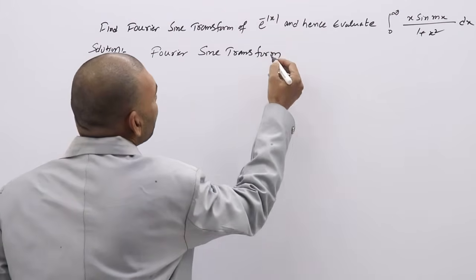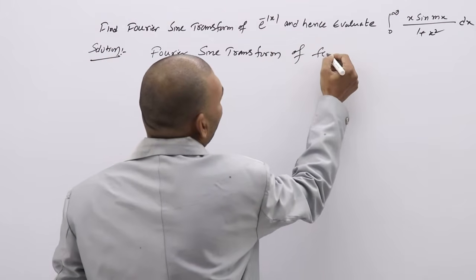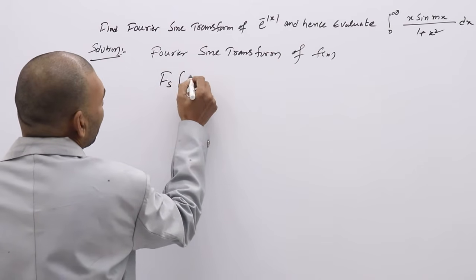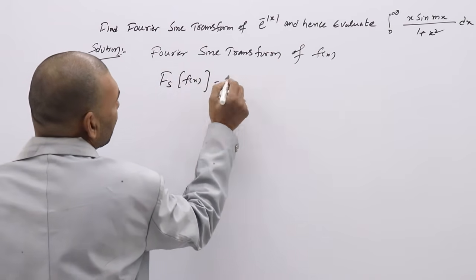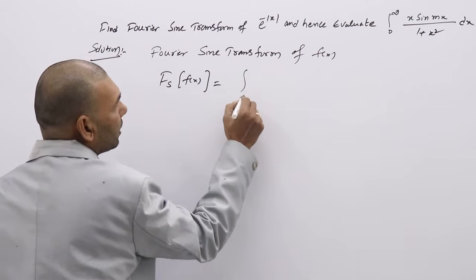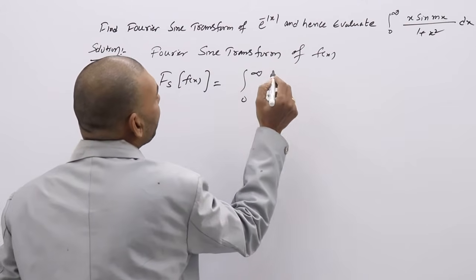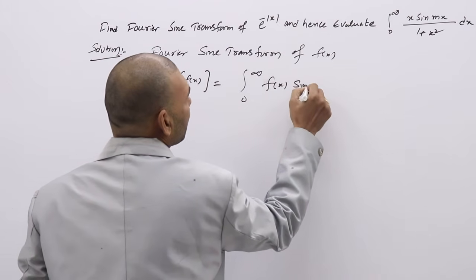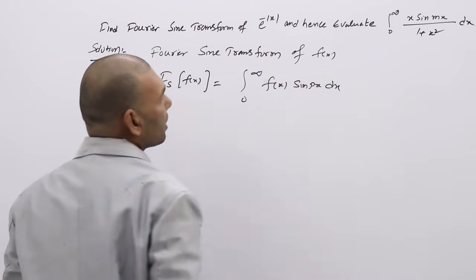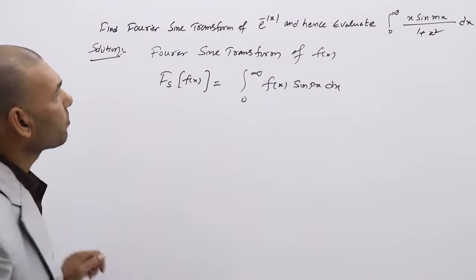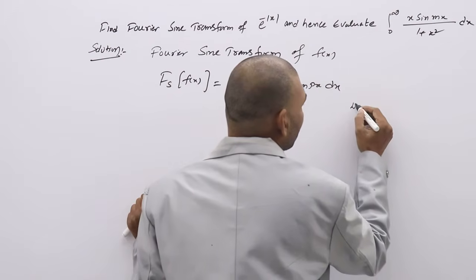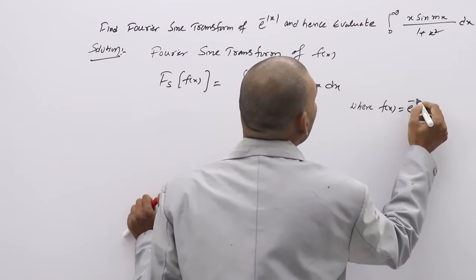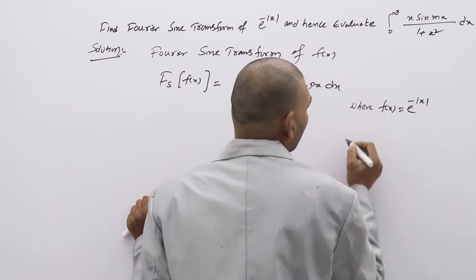Fourier sine transform of f of x is capital Fs of f of x, which is integral 0 to infinity f of x sin px dx, where f of x equals e power minus mod x.